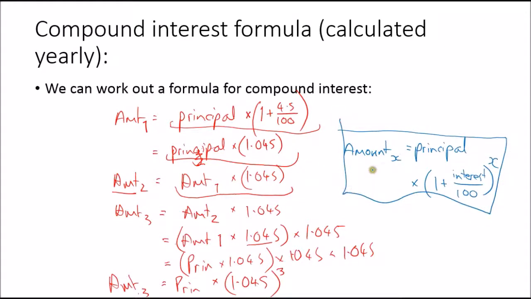As long as we're not doing anything tricky with these questions, like paying a certain amount off the loan each month or anything like that, if we're just doing a straight calculation of the interest that we would earn over a number of periods of time, then we can always use this formula.